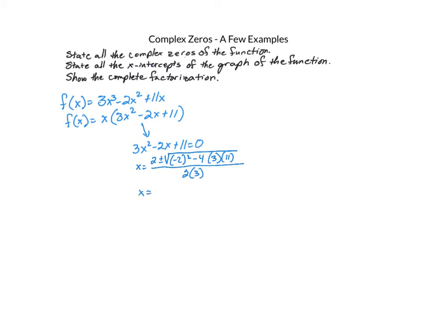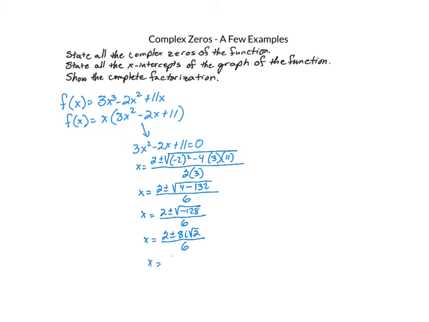Let's keep simplifying. We have 2 plus or minus the square root of 4 minus, let's see, that's 12 times 11, that's 132, divided by 6. Still have a simplifying job to do. Let's rewrite this with i, and we'd have 2 plus or minus 8i square root of 2 over 6, which is reducible.